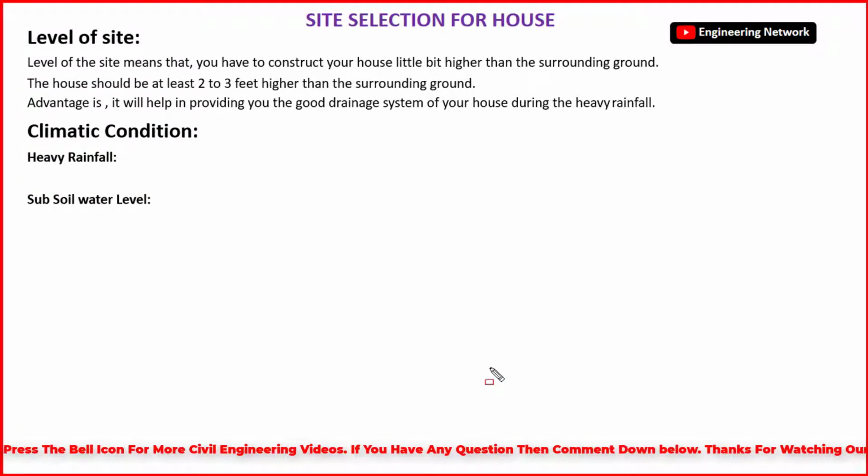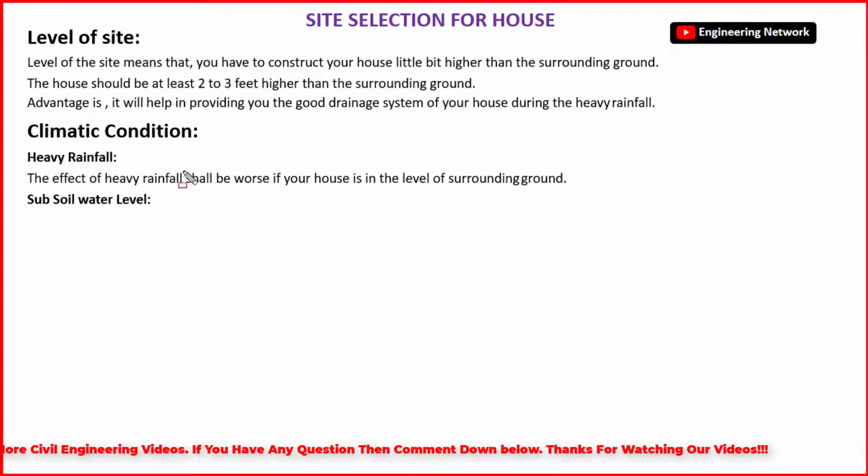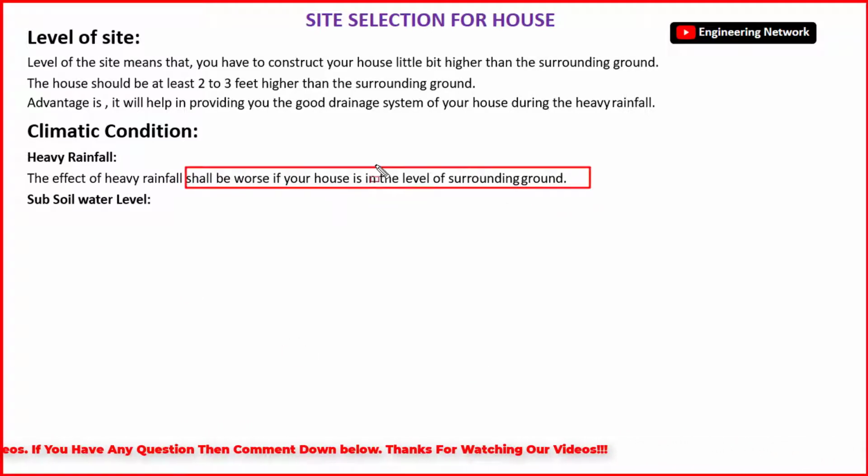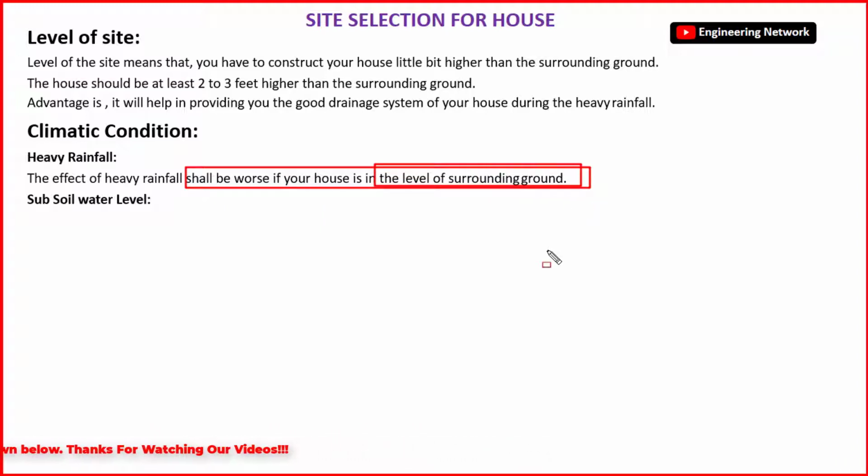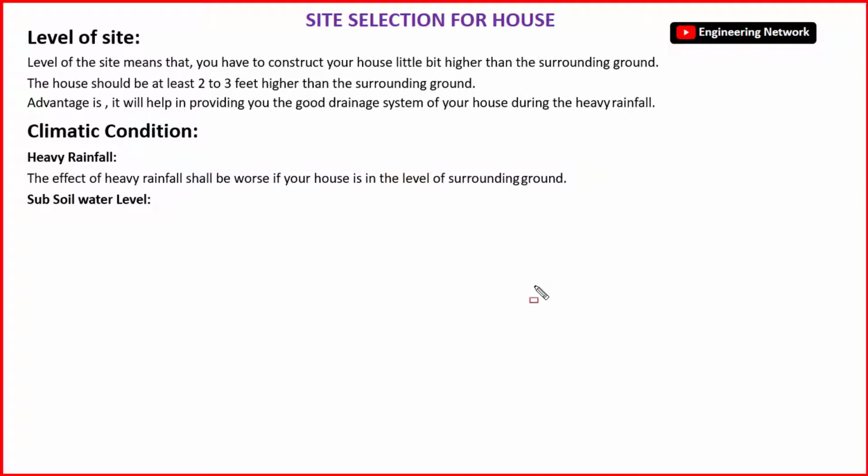The effect of heavy rainfall will be worse if your house is at the level of the surrounding ground, which means that if you do not provide sufficient height to your house, then during heavy rainfall the water will come inside your house, which will create big problems, and also your house will not be considered according to the engineering standards, right? So as I told you in the first factor, you should level your site at least 3 feet above the surrounding ground.